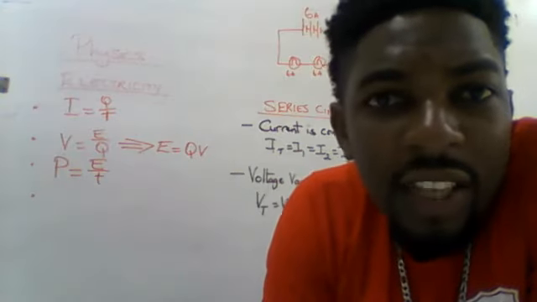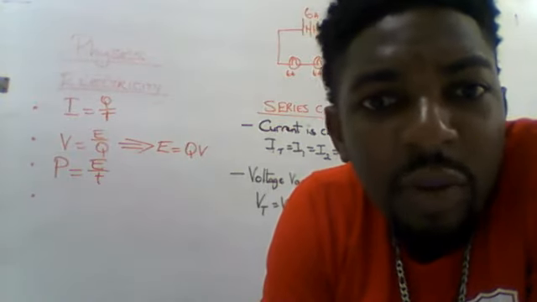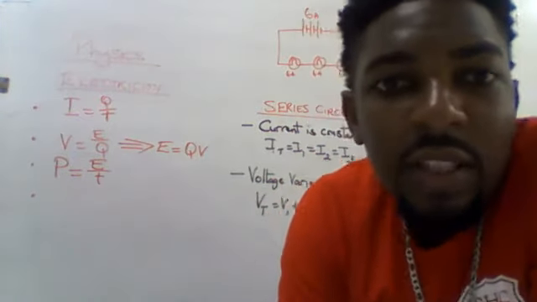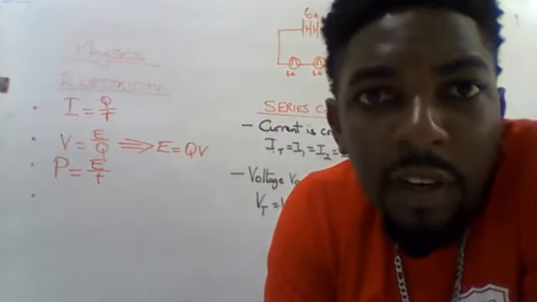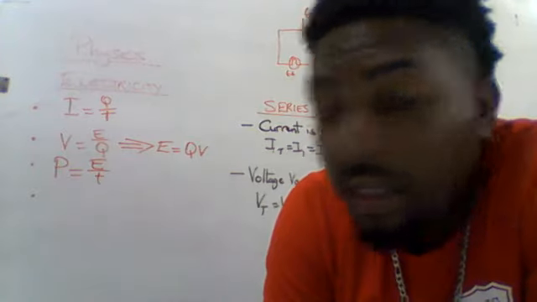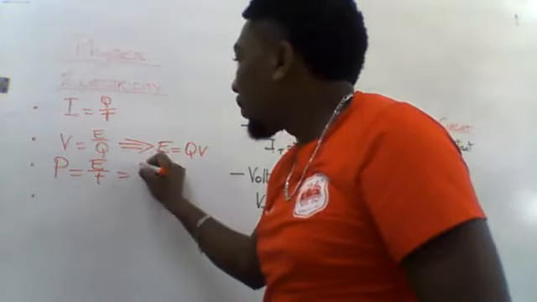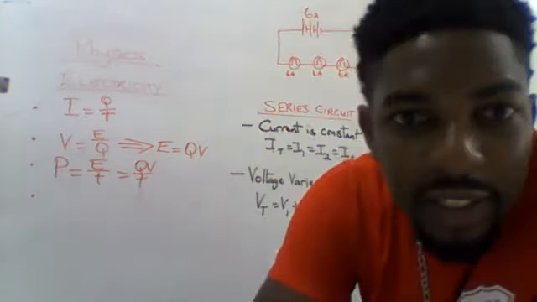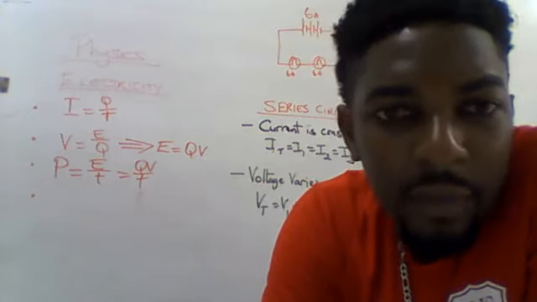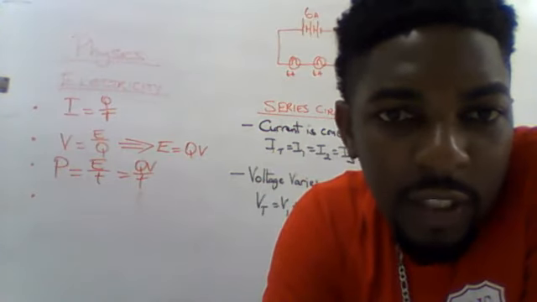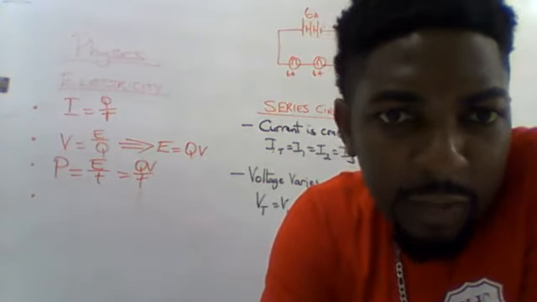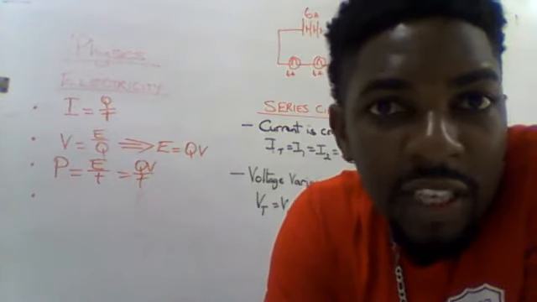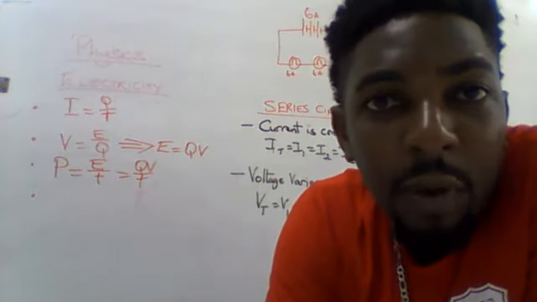Now, given that E is equal to Q times V, we can substitute it into the derived formula for power, which is P is equal to E over T. And we end up with P is equal to QV over T. So it means that we need potential difference, electric charge, and time in order to find power.